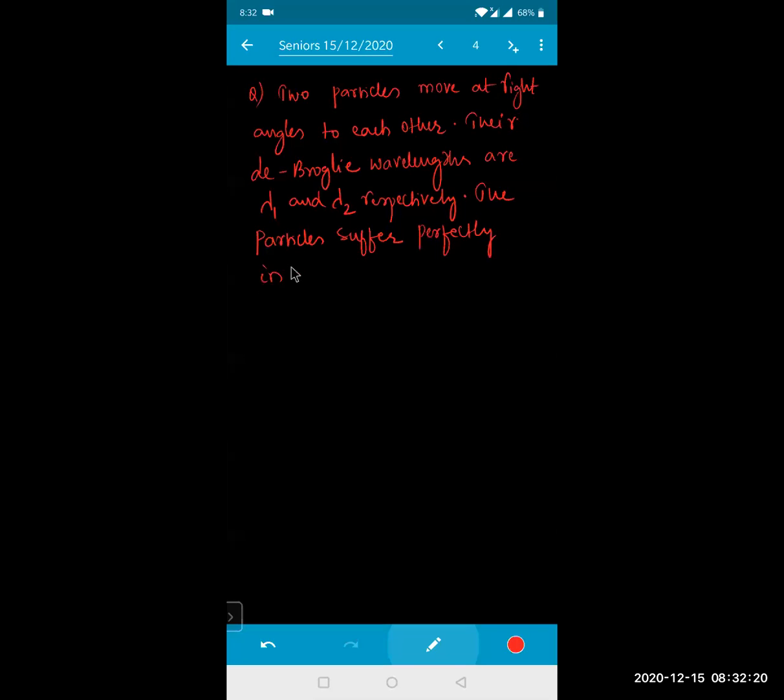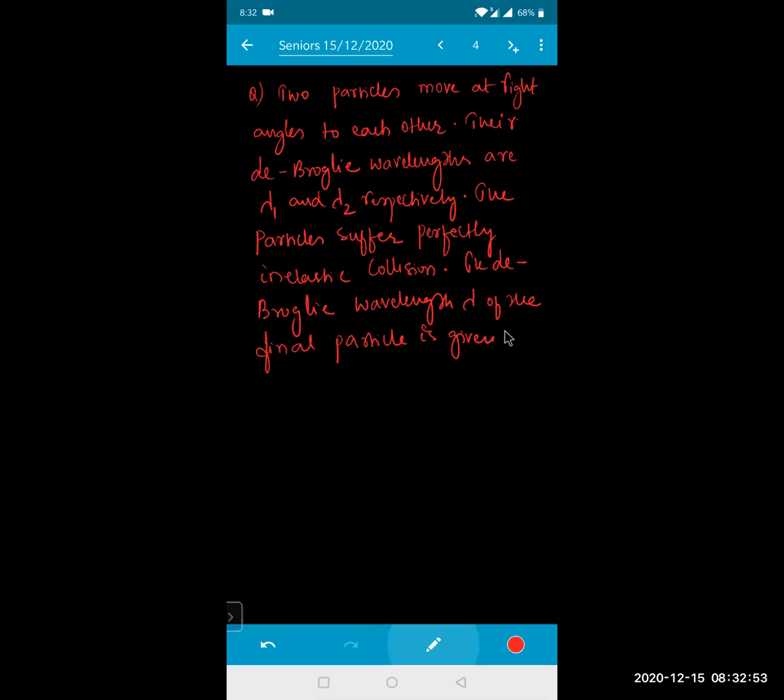The de Broglie wavelength lambda of the final particle is given by. This was a 2019 JEE Mains question.